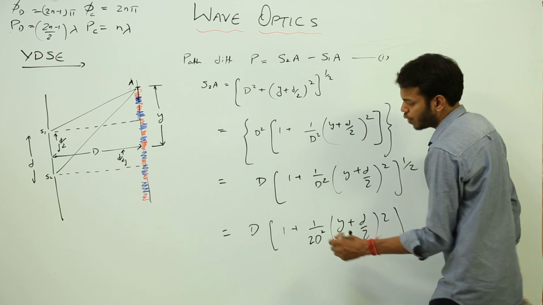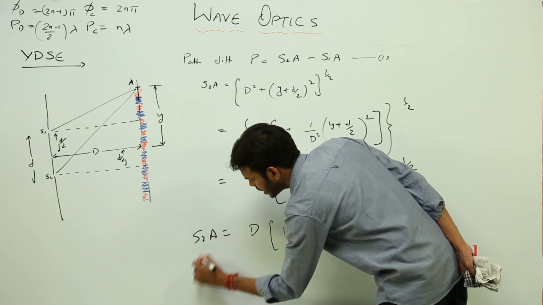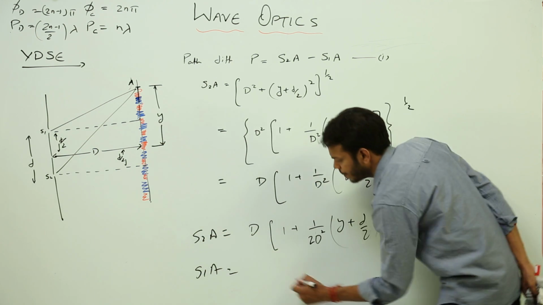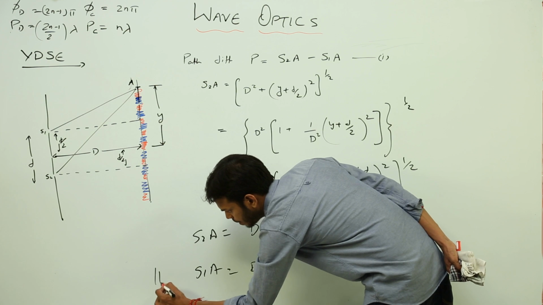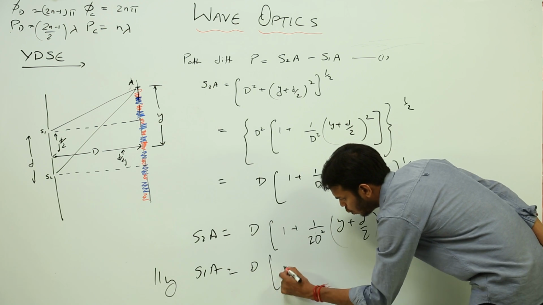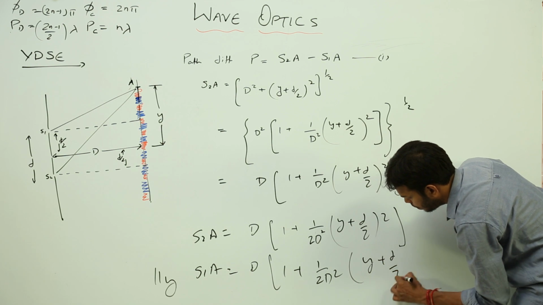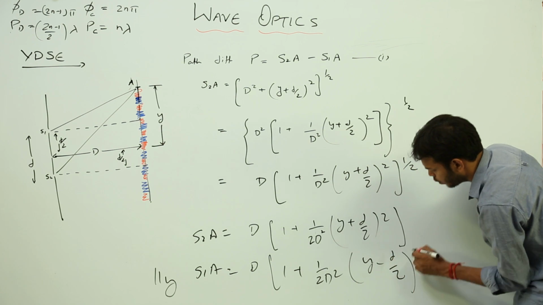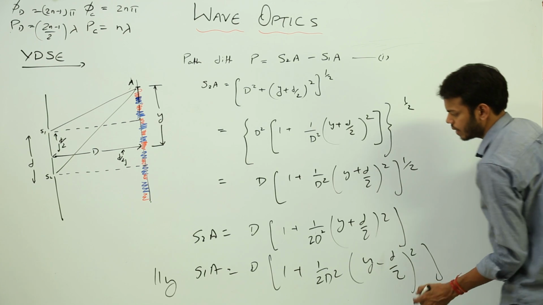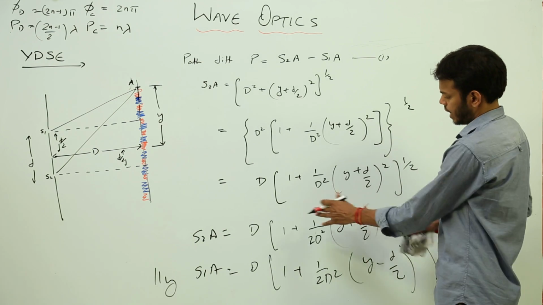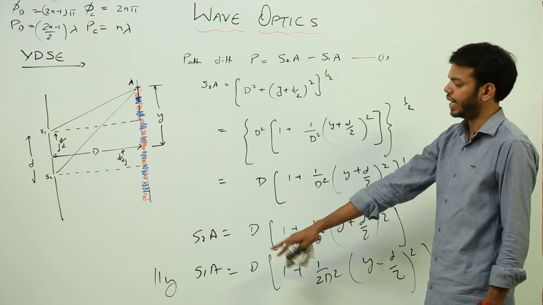So S2A is this, S1A is what? d, I am writing similarly, d, 1 plus 1 upon 2d square, y minus d by 2 square, right. These are the two expressions for S2A and S1A.